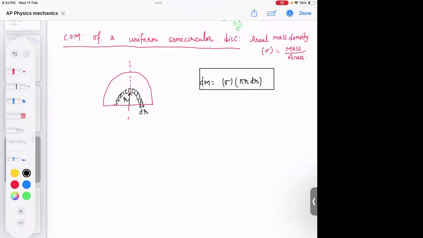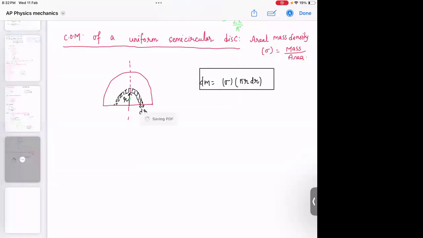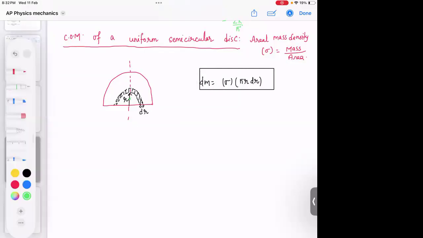Now, where will the center of mass of the element come? Your element is a semicircular ring, and just now you calculated that a semicircular ring has its center of mass at 2r by pi.